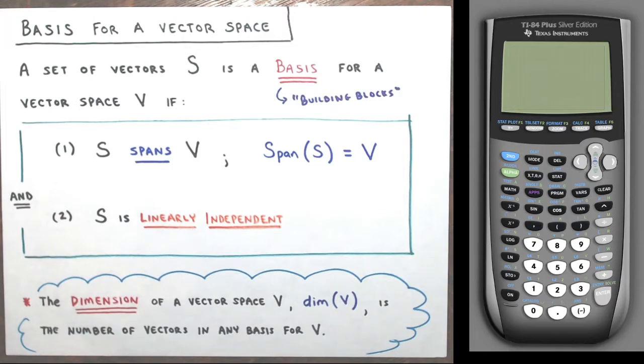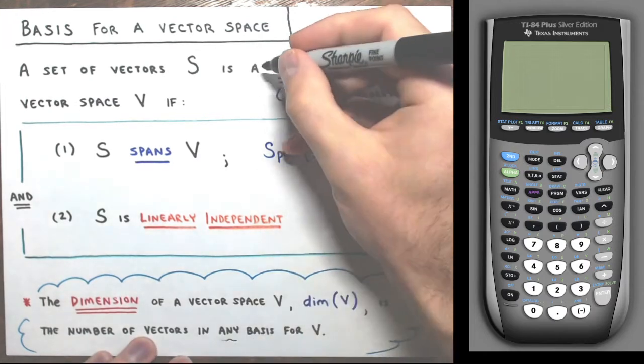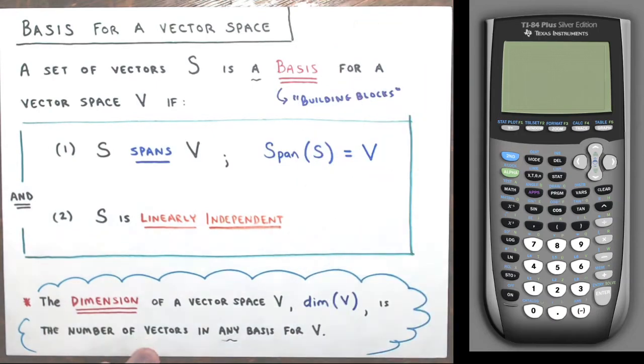But that's not the only basis. I say any basis here because bases for a vector space are not unique, but just know that any basis for a vector space is going to have the same number of vectors in it, and that number of vectors is the dimension of that space.